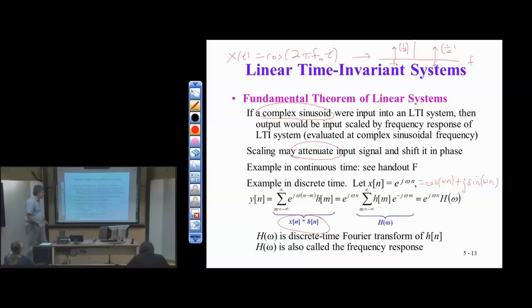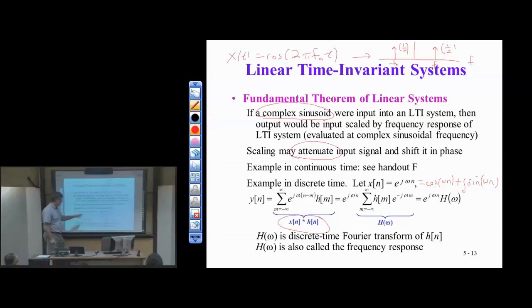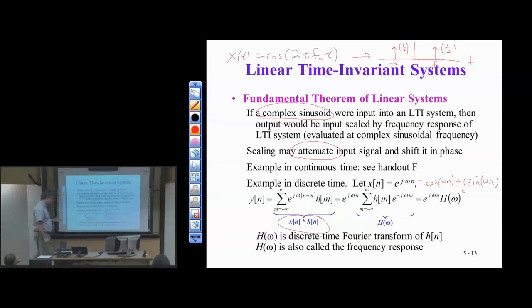So doing convolution, we hold one signal in place. We'll hold the impulse response in place. We'll flip and slide the input about the impulse response. We have a placeholder variable of convolution, which is little m. We're going to sum over all possible values of m from minus infinity to infinity.